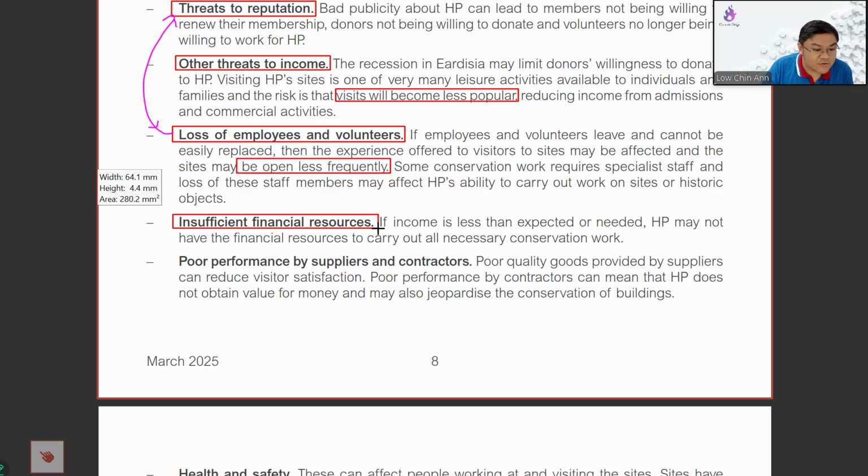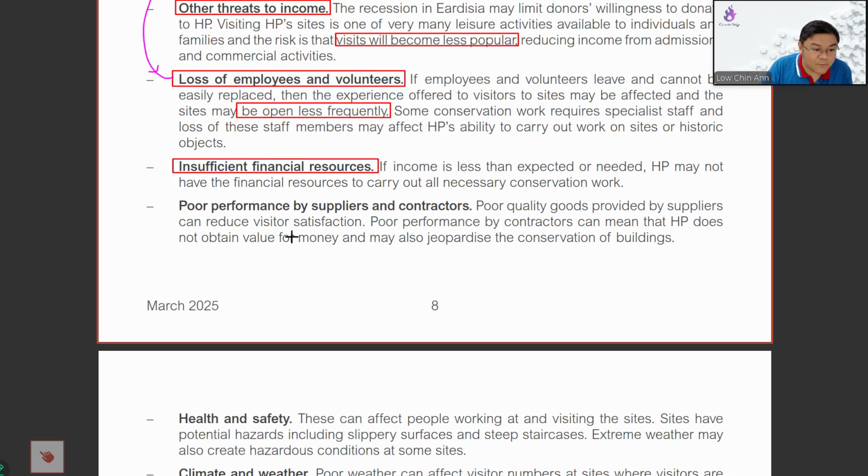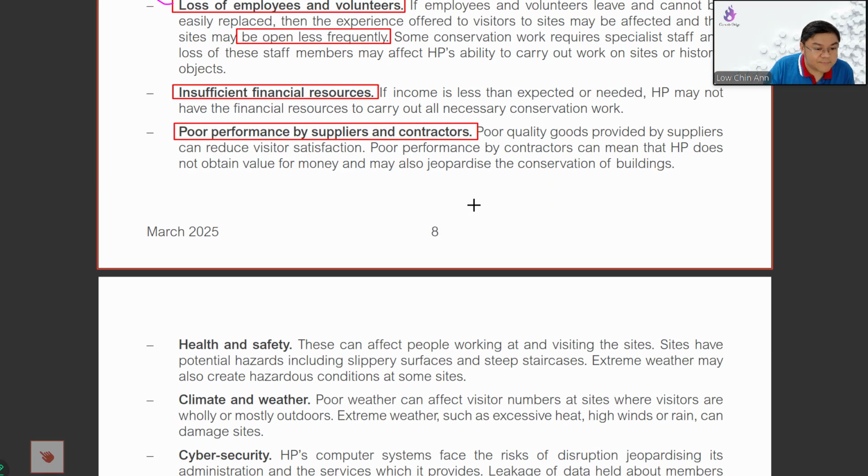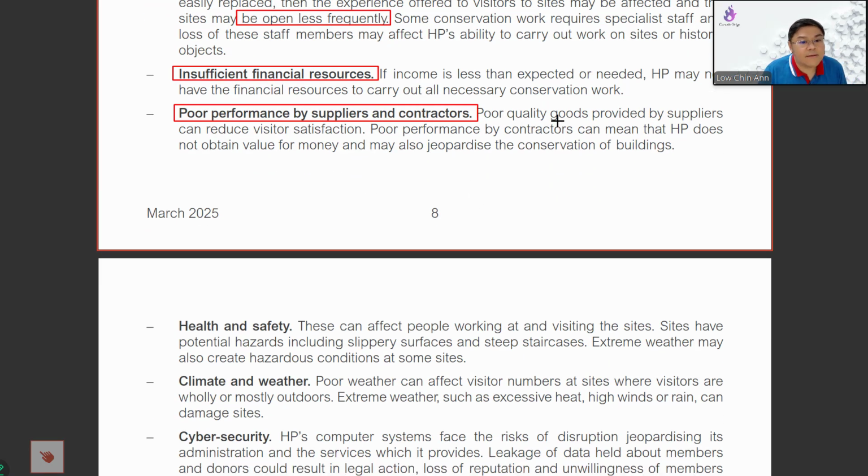Insufficient financial resources: if income is less than expected, they will not have the money to carry out all the work. Performance by suppliers or contractors: poor quality goods provided by suppliers can reduce visitor satisfaction, and poor performance by contractors can mean that HP does not obtain value for money and may also jeopardize the conservation of the building.